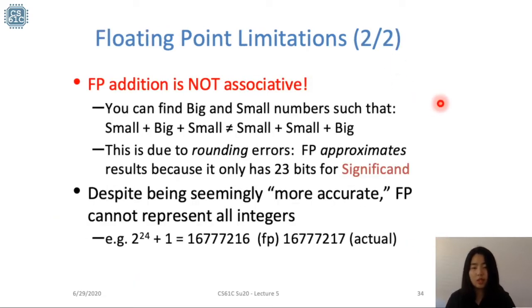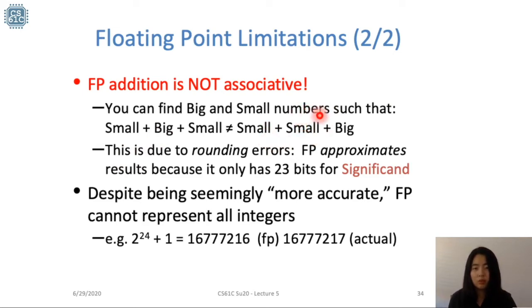Another limitation is that floating point addition is not associative. When you add small plus big plus small, it is not equivalent to small plus small plus big. This is due to the rounding errors that we mentioned before. Floating point will approximate small plus big differently than small plus small.